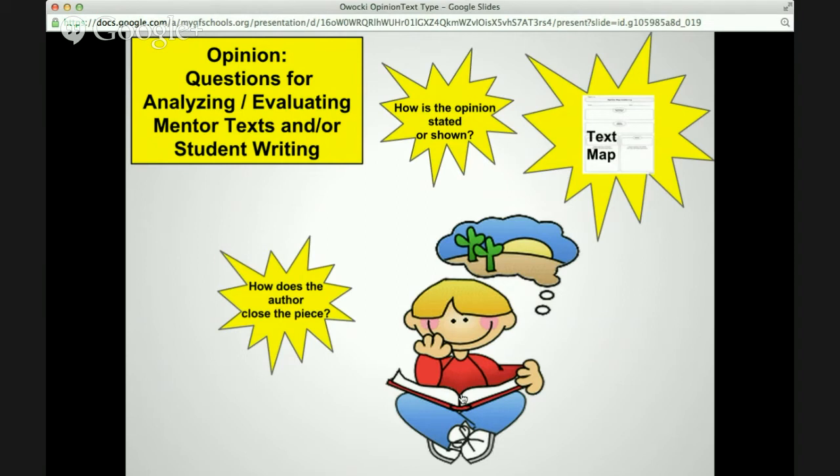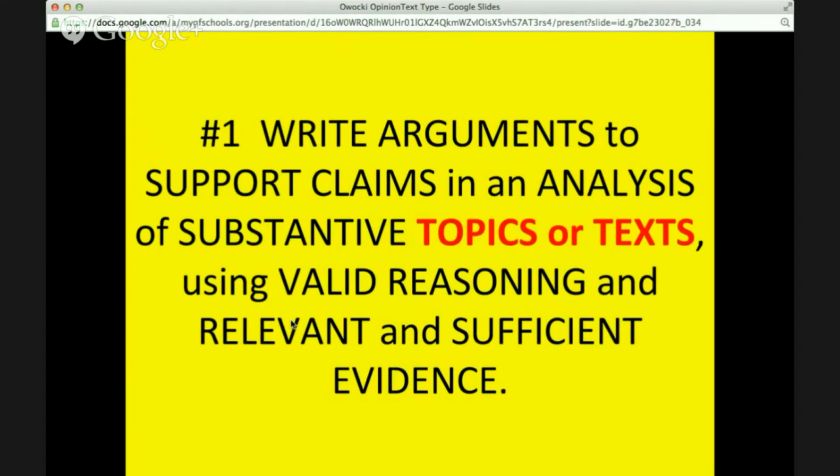Because eventually what we want is that child to be reading independently, and the talk of analyzing opinion writing that you provided in your model lesson and that the peers provided in their conferencing now becomes what the student has in their head. And they in fact are looking in their independent reading of opinion text for the criteria that you taught them. So now we are ready to write.